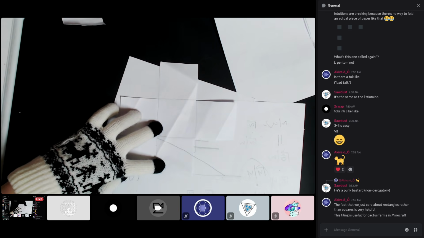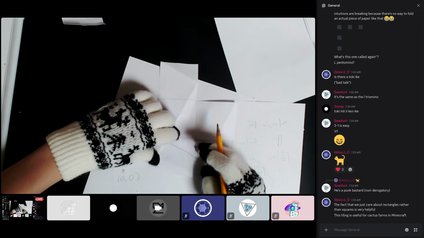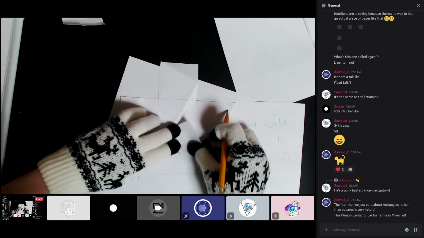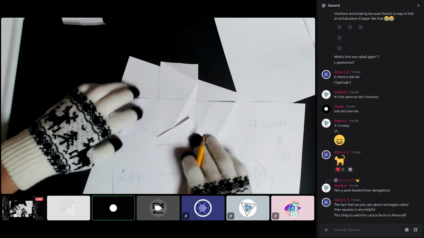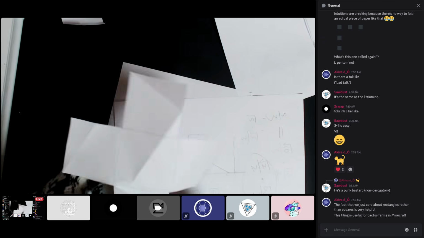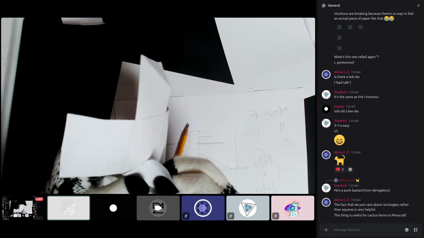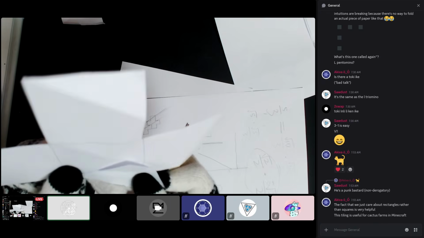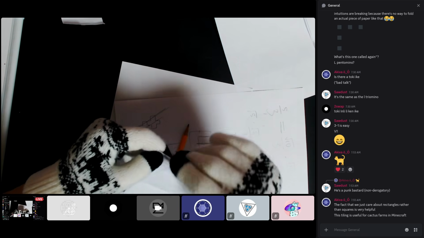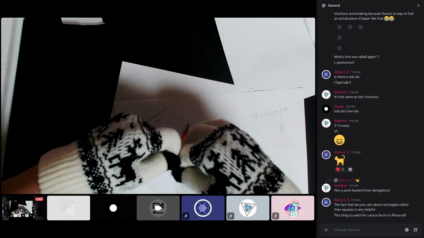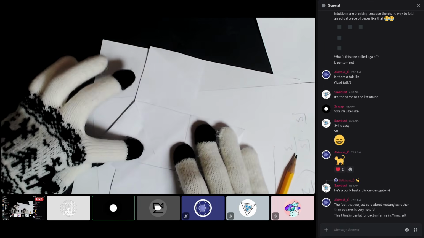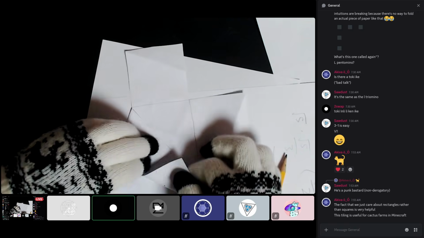Yep. Now fold that upwards along that crease. And now I think you'll fold the little tiny flap on the right side there. Yeah, that'll fold down. And yeah, so now along the same crease that you just folded the tiny flap, also fold that one.